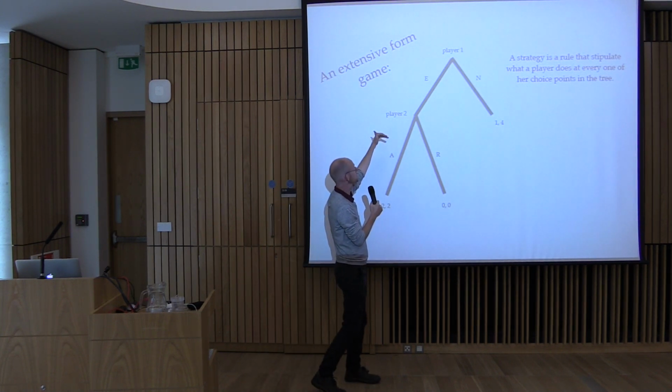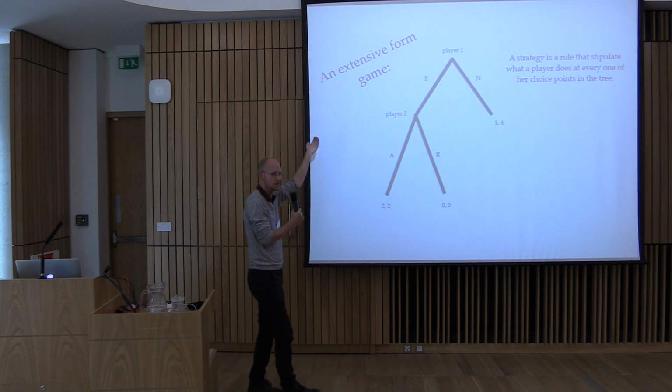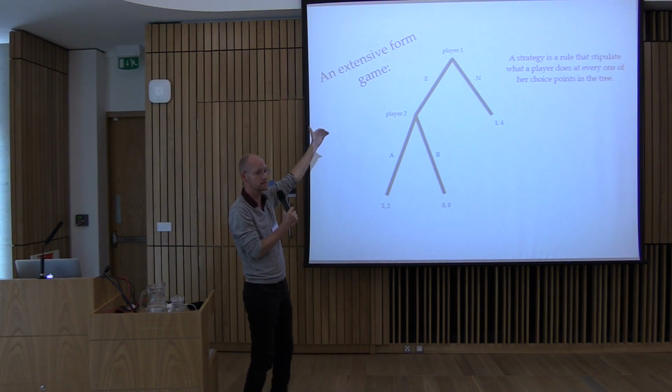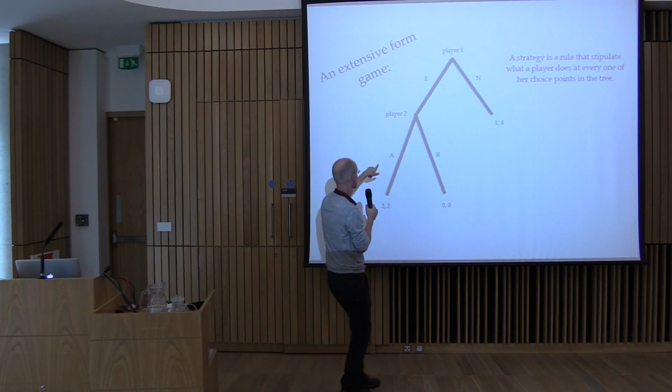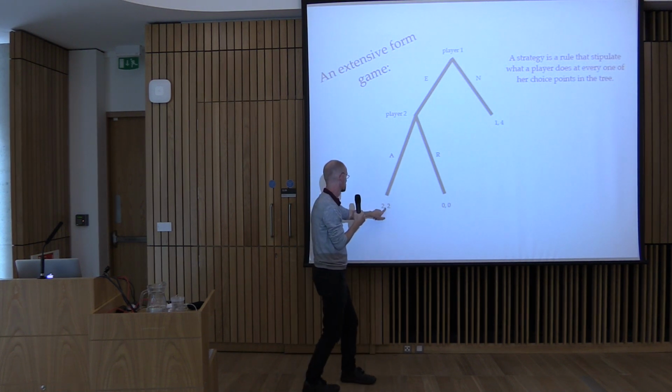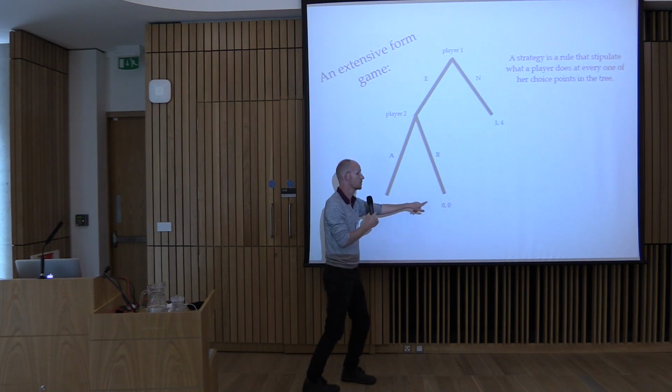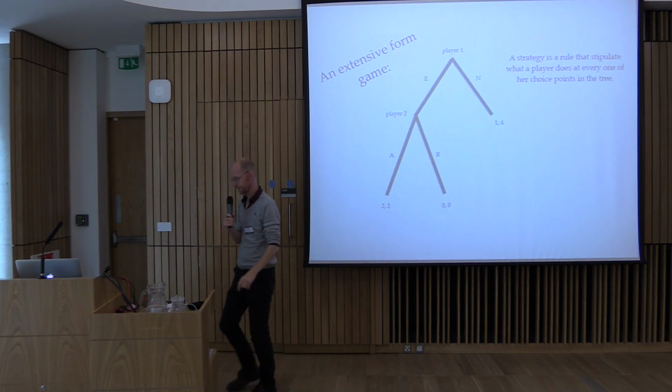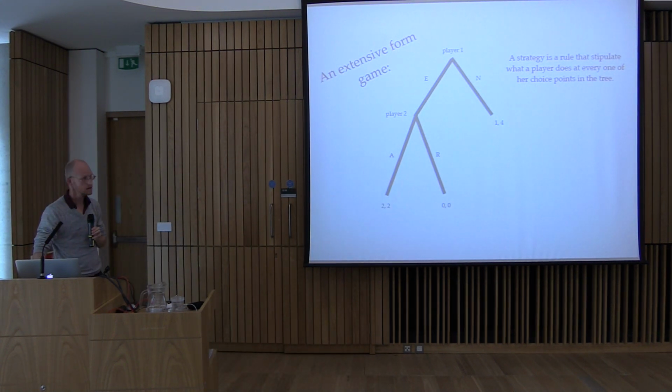Then player 2 only has a real choice if player 1 played action E, and then he chooses A or R, and depending on what he chooses, the utilities are either 2, 2, or 0, 0.